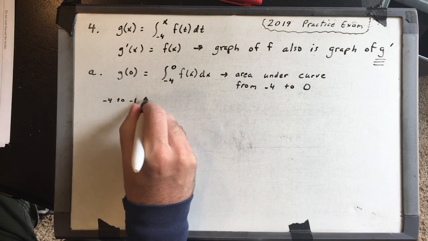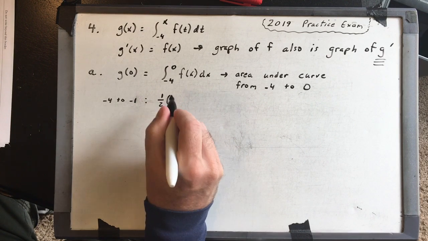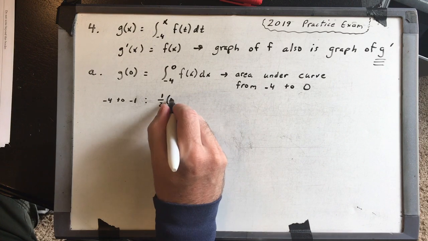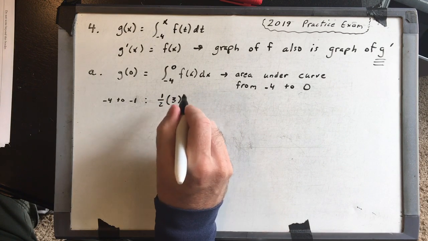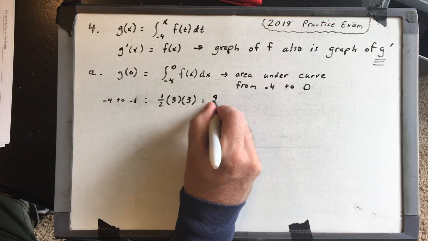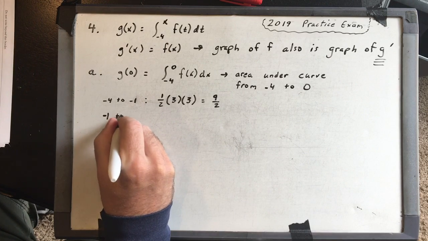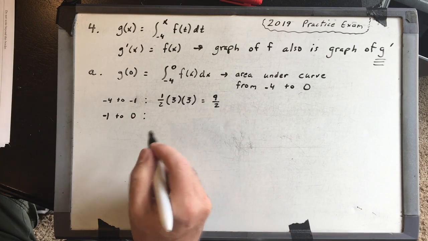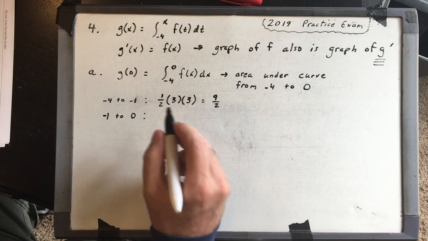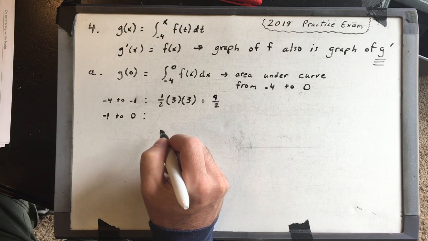Okay, so from -4 to -1, we have a triangle. The area is 1/2 times the base, which is from -4 to -1, so 3. And then the height, you can just read the graph and see that's 3. So that's 9/2. And then from -1 to 0, the area is 3, but since it's below the x-axis, we would have to subtract 3.